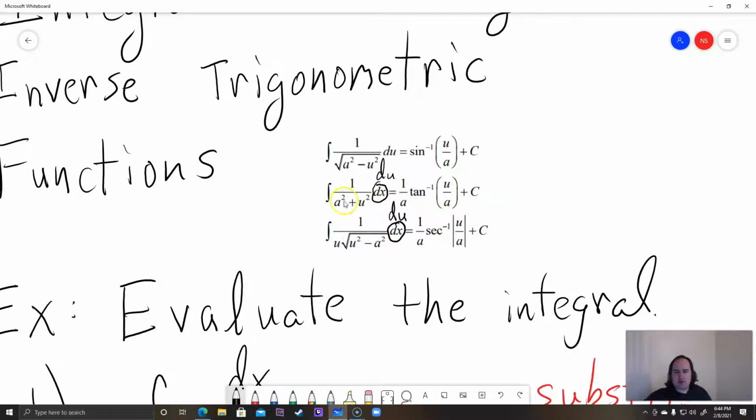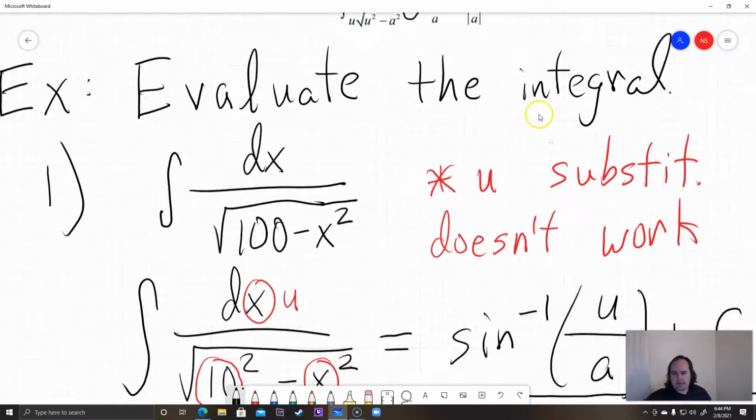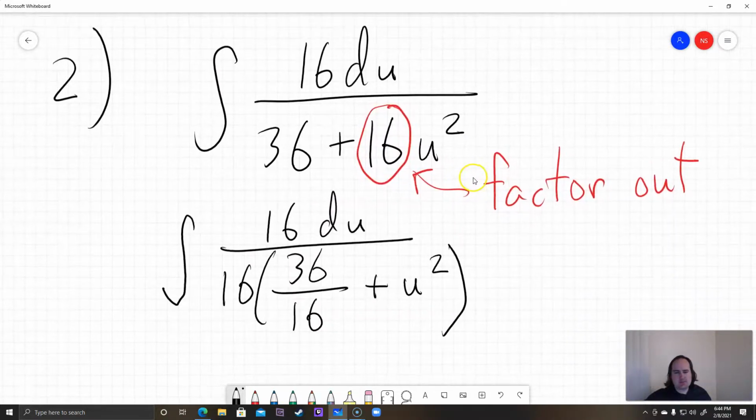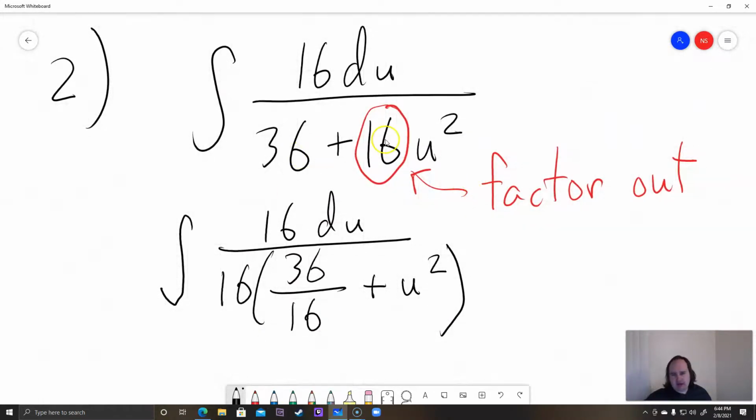In order to use this formula, you can't have anything multiplied times your u squared. If you factor out a 16 on the bottom, you're going to be left with 36 over 16 for this first term, because if you distribute that 16, the 16s are going to cancel and give you 36. I know it looks a little bit strange, but that's the trick there.